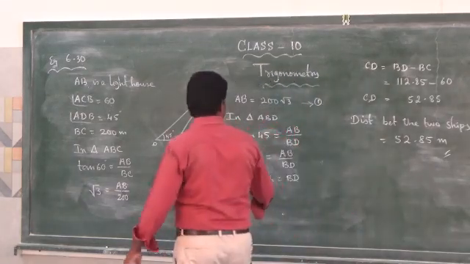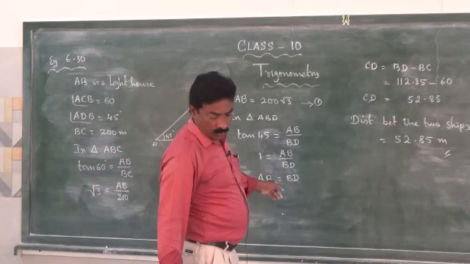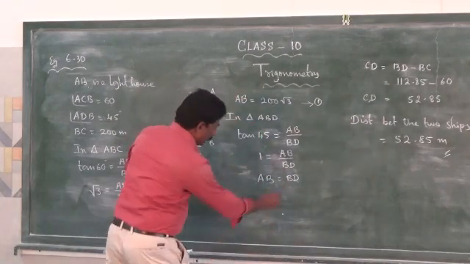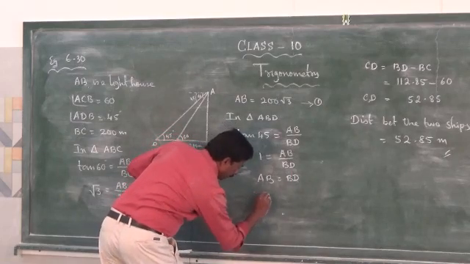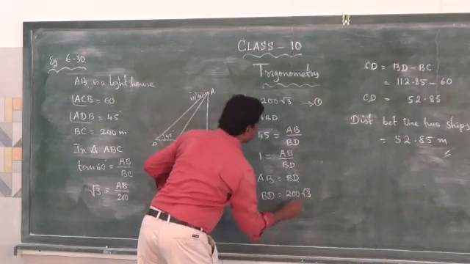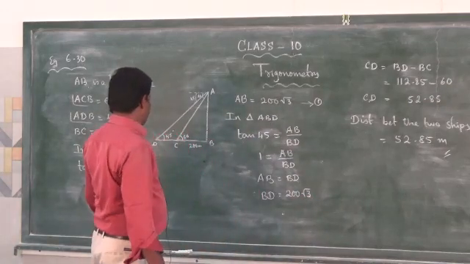AB value is 200 root 3, so BD is 200 root 3.